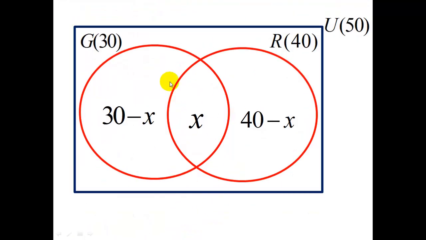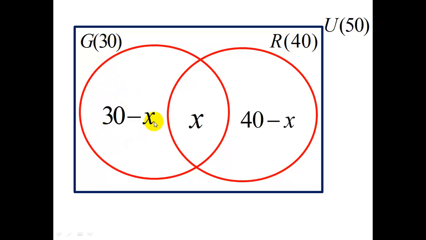Now let's go to the Venn diagram. The number of traders who sell Gary equals 30 from the question, and the number of traders who sell rice equals 40. The number of traders who sell both Gary and rice is represented by X. If you want to know the number of traders who sell only Gary, then you have to subtract X from 30.